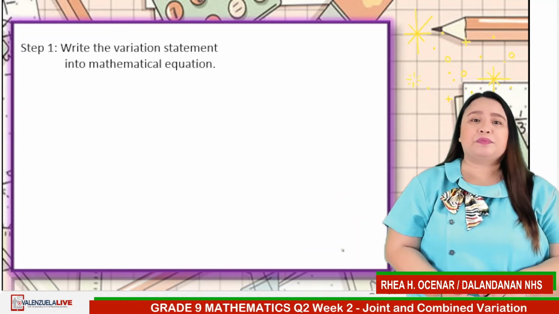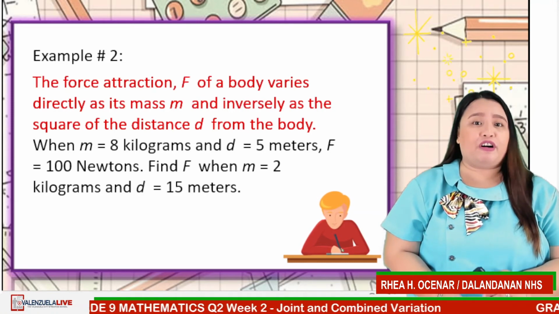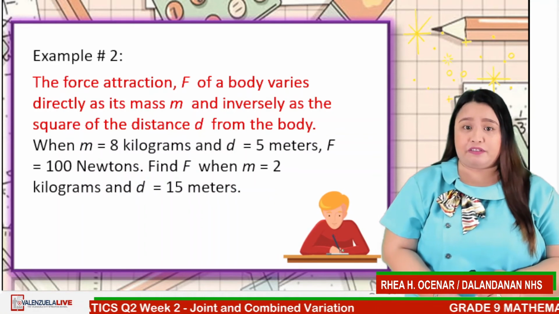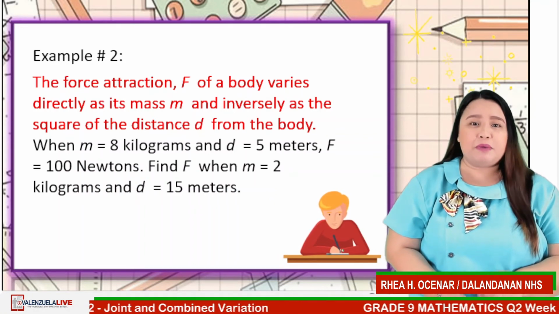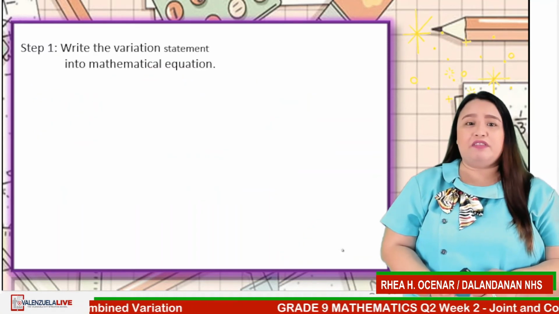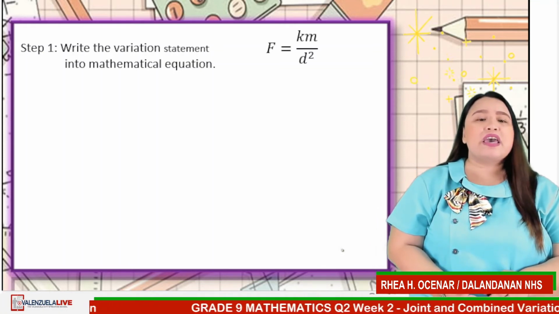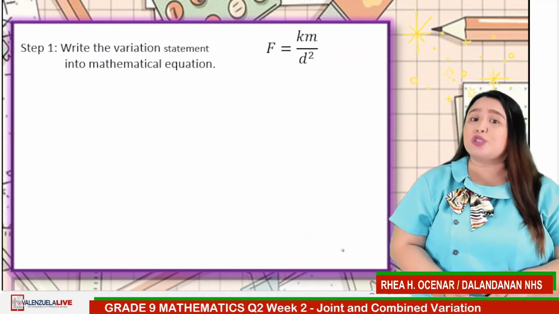Step 1. The force of attraction F of a body varies directly as its mass m and inversely as the square of the distance d from the body. The problem is an example of combined variation, and we can write it in symbol as F is equal to Km over d squared.